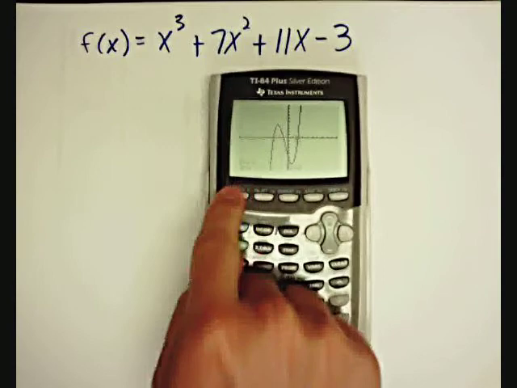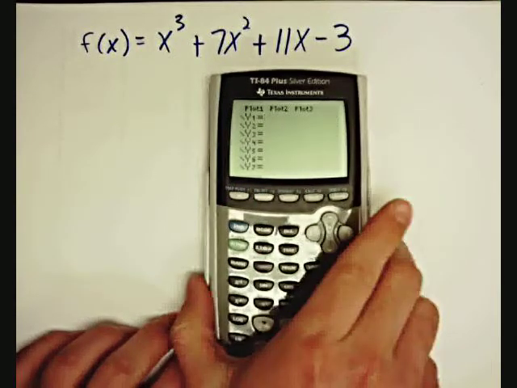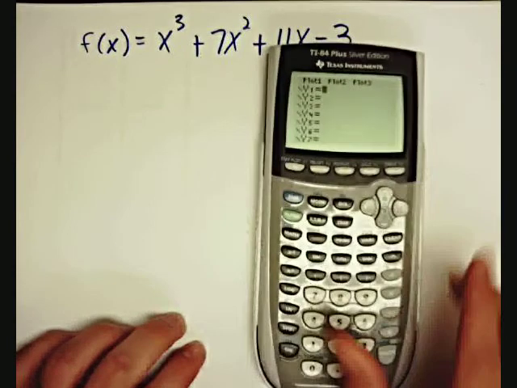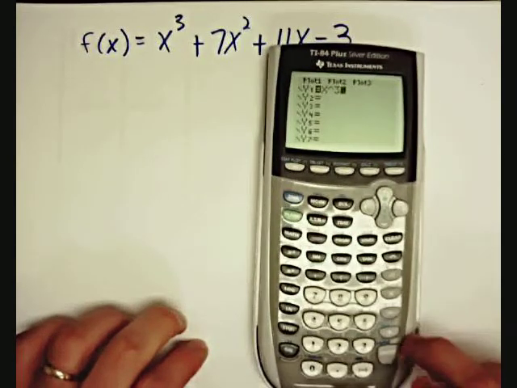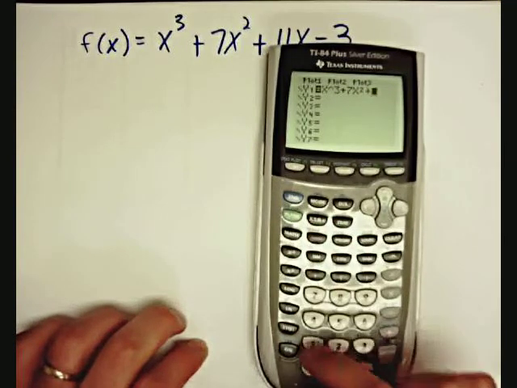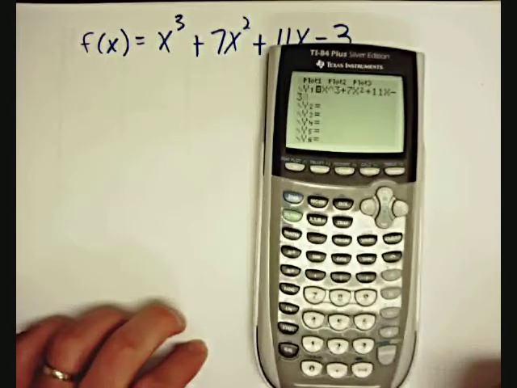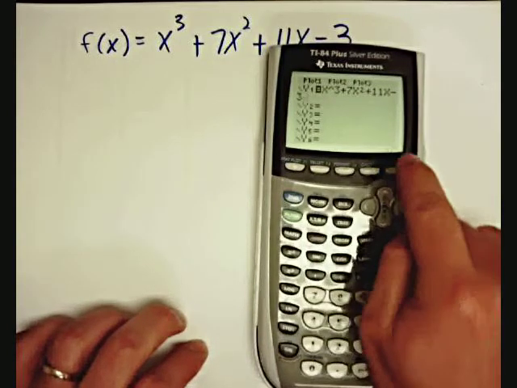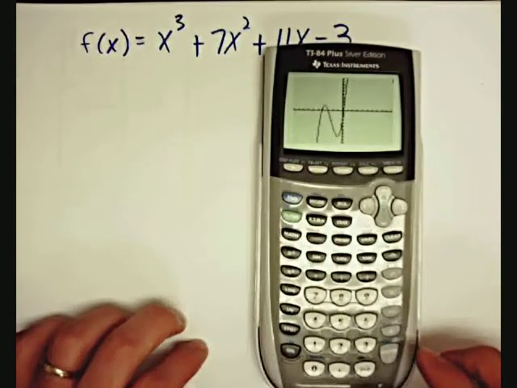Press y equals, clear the other function, and type in x cubed plus 7x squared plus 11x minus 3. Press graph, and you will see a graph that looks something like this.